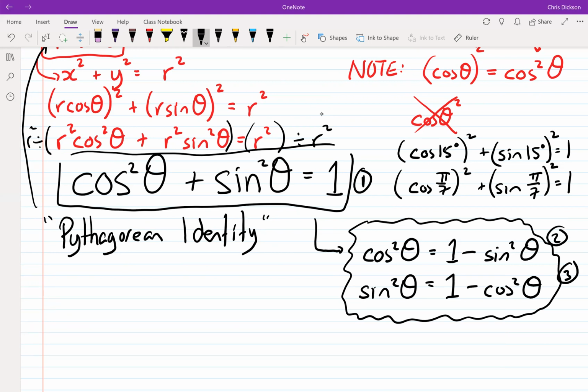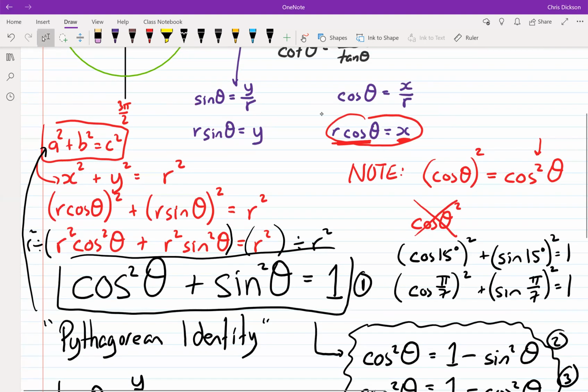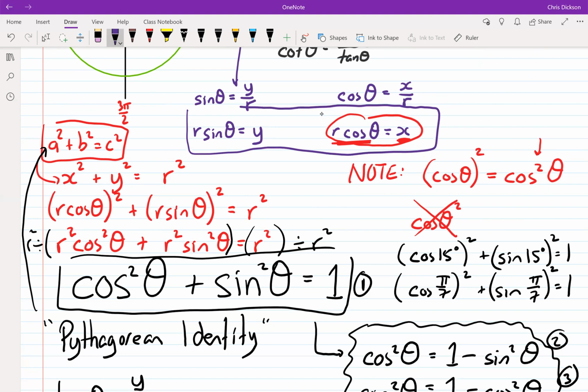Okay, so let's go back to another really useful identity to get your head around, and that was that the tangent of theta. We said that the tangent of theta back in grade 11 was y over x, so it was the y value divided by the x value. But if you go back up to this part right here, and put a box around it, we've already determined that you can actually write the coordinates as trig terms.